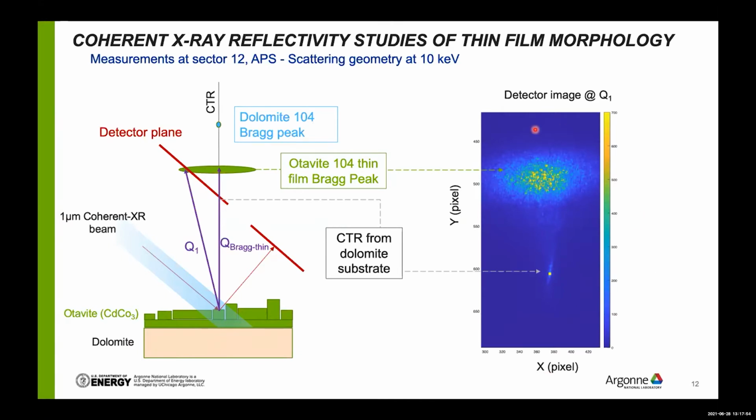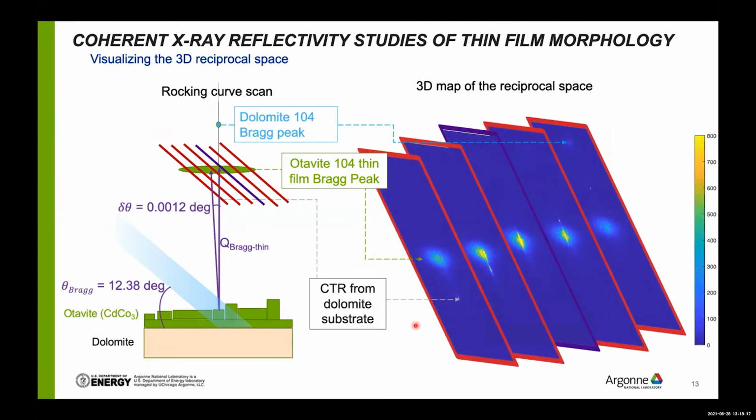And here is the corresponding detector image, where you can see that while the thin film Bragg peak presents a very wide, broad distribution of intensities with lots of speckles, the scattering of the CTR is almost reduced to one single pixel with fringes. So this already suggests that the morphologies of the otavite and the dolomite will be very different. Now, if we want to gather 3D information, we need to perform a rocking curve scan.